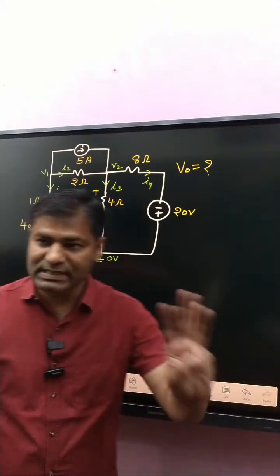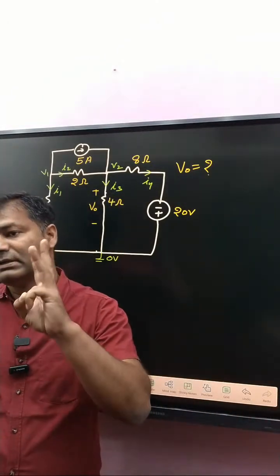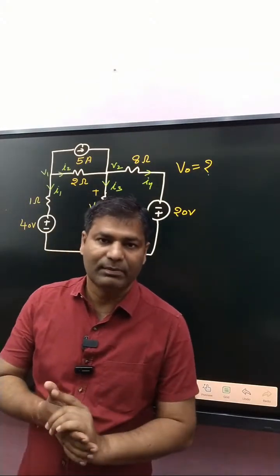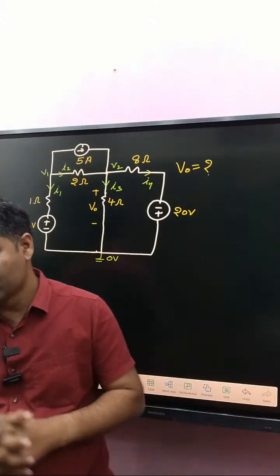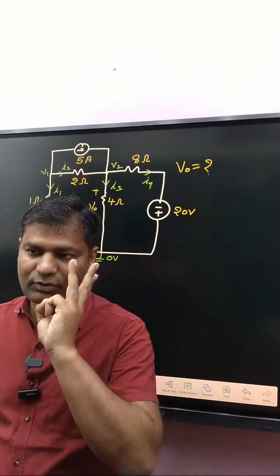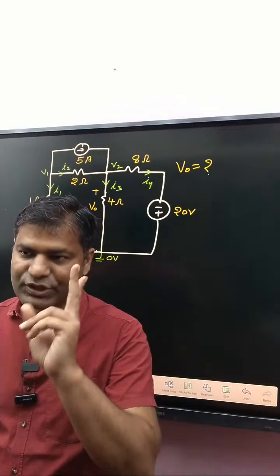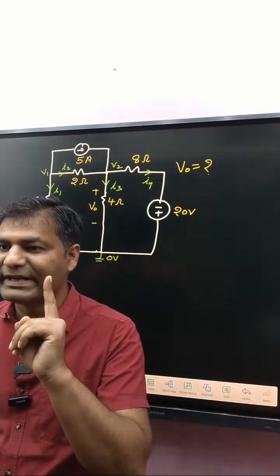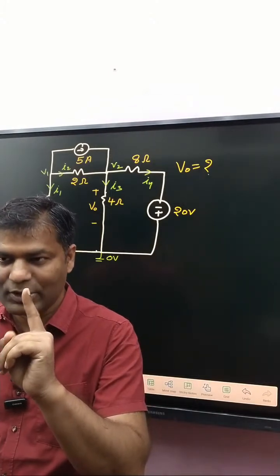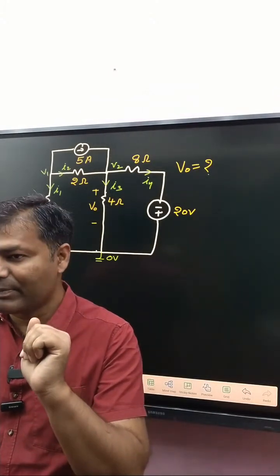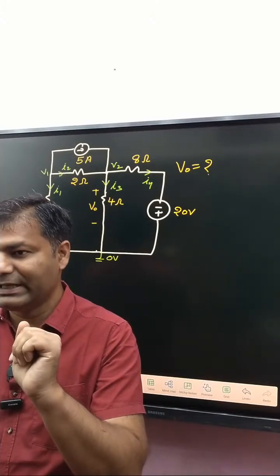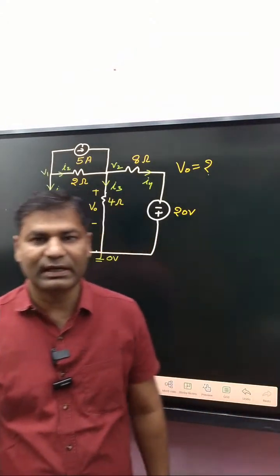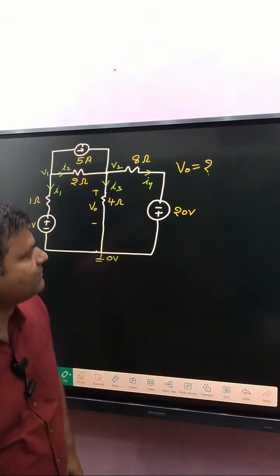Fourth step, nodal analysis says apply KCL at given nodes. So first step, decide branch current. Second step, decide node voltage. Third step, take one node as datum node. Fourth step, apply KCL at given nodes. After that we get equations, solve and find the answer.